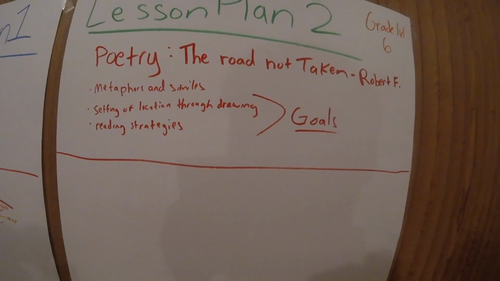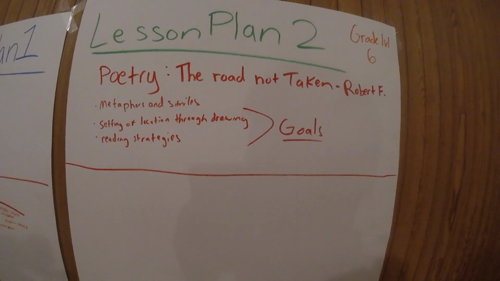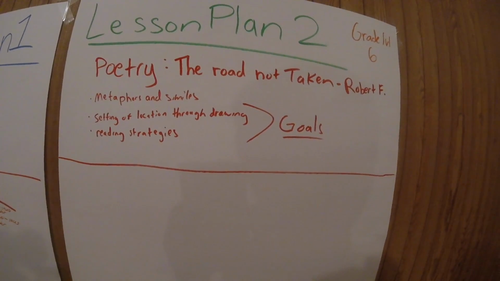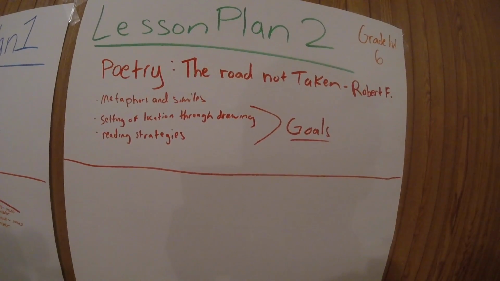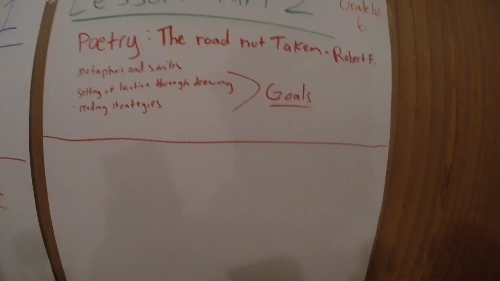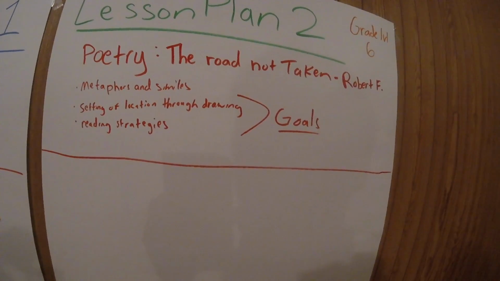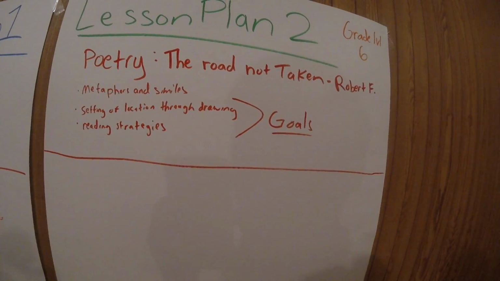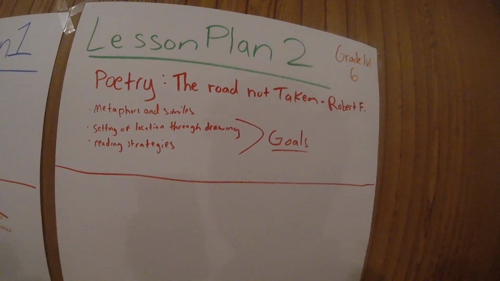The second one is understanding the setting and the content of what's happening in the poem. That's difficult to understand when it comes to reading and description words. So I'm going to teach Felix how to do that through drawing. The last one is just reading strategies, doing quick reads, and then also doing a longer read and diving deep into the content of the reading.